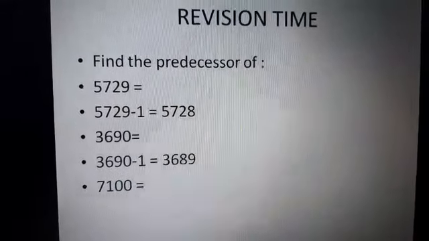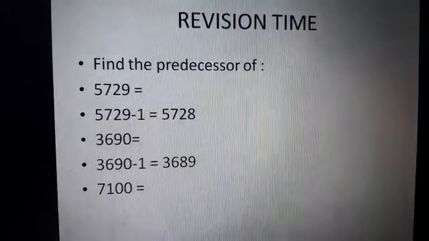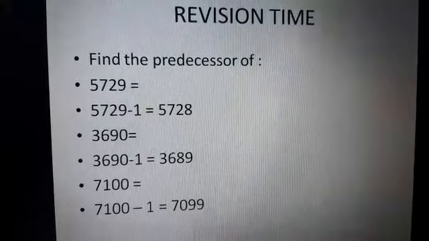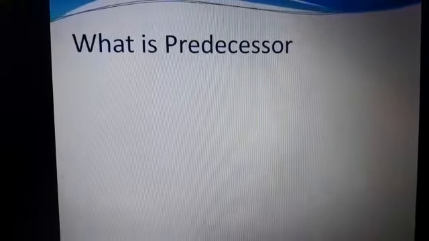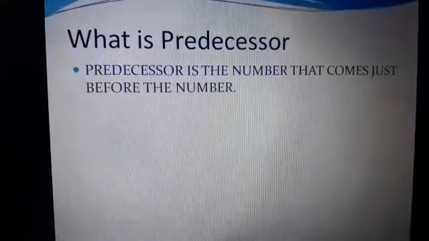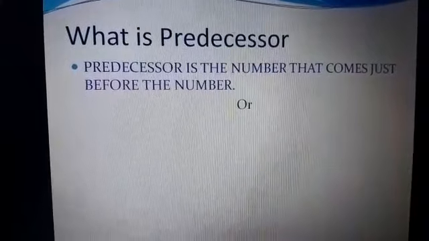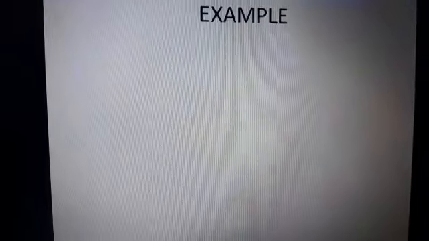If I want to find the predecessor, predecessor means the number which just comes before it. And how we are going to get it? We are going to subtract 1 from this. So what we have learned from these examples, that predecessor is the number that just comes before the number or 1 less than the number is called the predecessor.